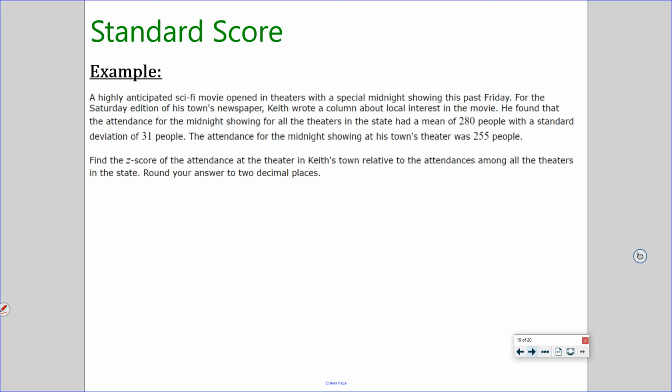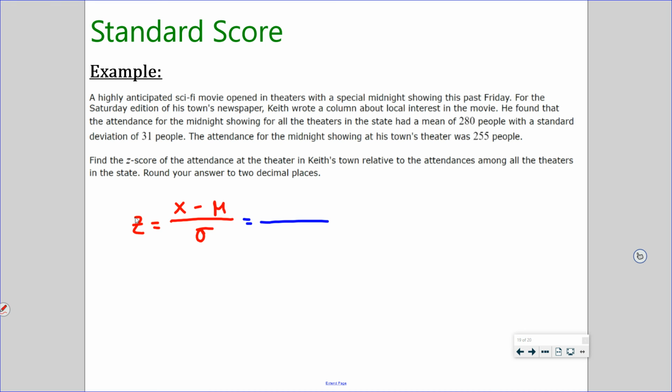Okay, so this is a sample. So I'm going to use the symbols as a review. To calculate the z-score, you just take the data entry minus the mean, divided by the standard deviation. So we want the z-score relative to the attendances among all the theaters in the state.